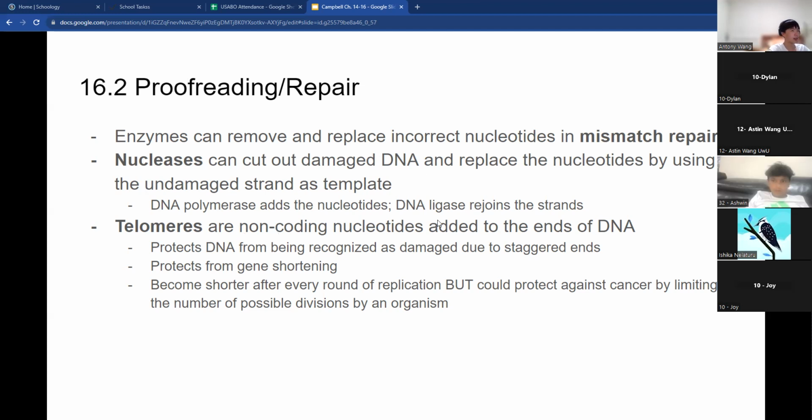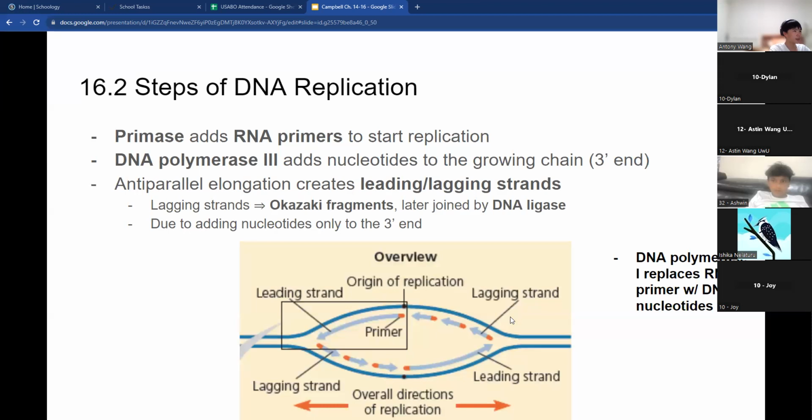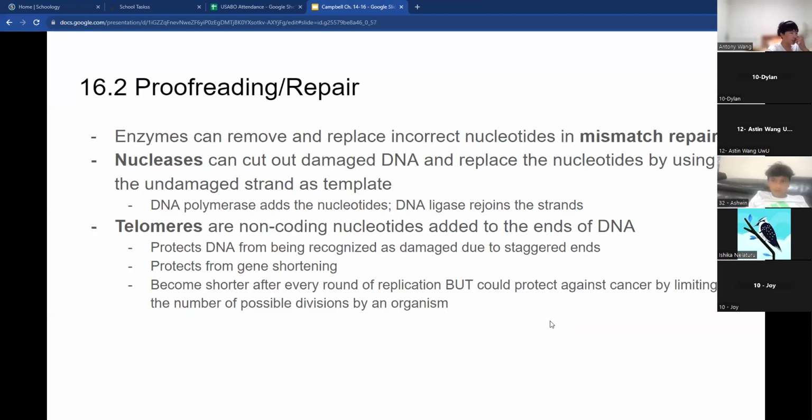Telomeres are non-coding nucleotides that are added to the ends of DNA. You should know that telomeres will protect the DNA from being shortened. I don't have time to get into this today. Because of how the lagging strands work, every time you replicate your DNA, the DNA molecules get a little bit shorter.